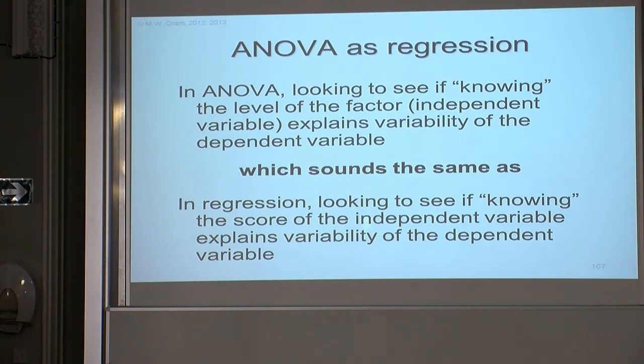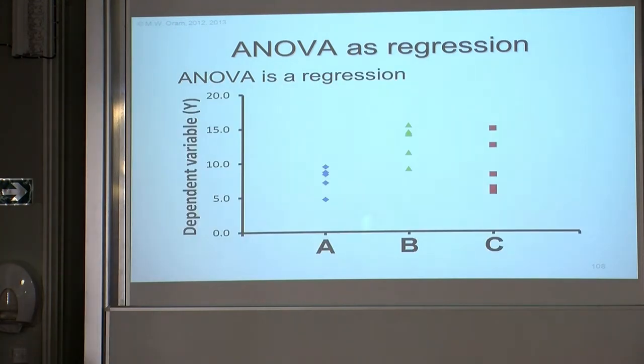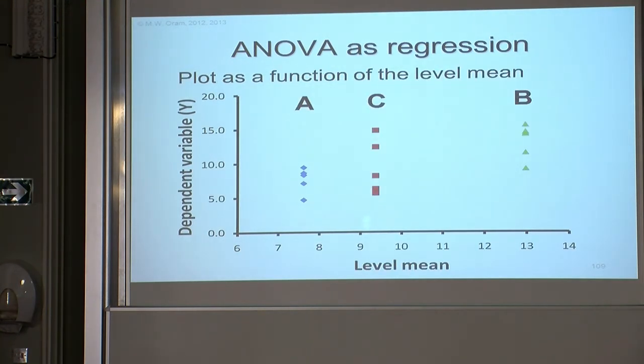Okay, so what we actually are doing in ANOVA is this: we're converting our level of the factor to a score. So there are three levels of an ANOVA, A, B, and C, and there are the data points around them. What we can do is plot these as a function of the level mean.